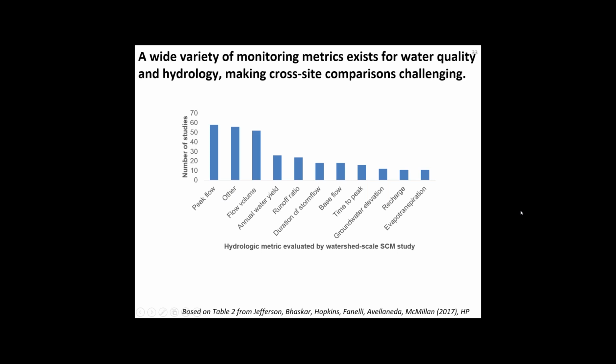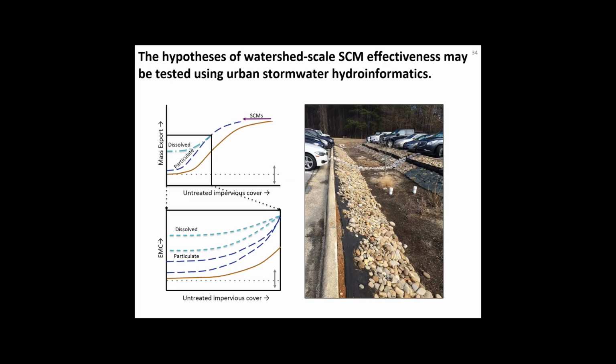So this is a limitation of some of the types of studies that we've done, where we might do a case study in one area, but it's very hard to make comparisons across watersheds when we aren't using standardized metrics. And maybe this is a situation where something like hydroinformatics can help us think about how these different control measures function across different landscapes and climate regions.